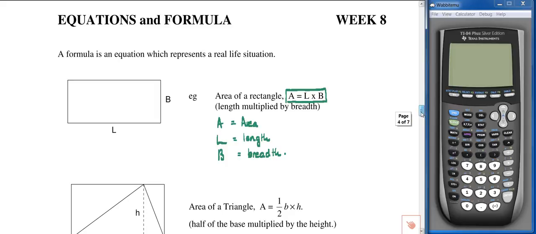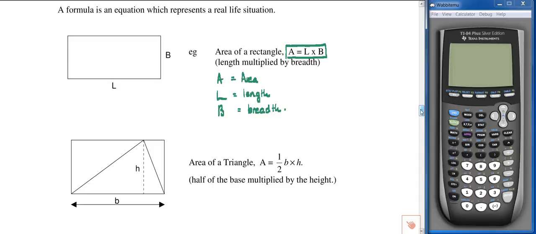Using that information, if we now look at a triangle, the formula for the area of a triangle is area equals half of the base of the triangle times its perpendicular height. You'll notice it's also the same as the breadth of the entire rectangle.